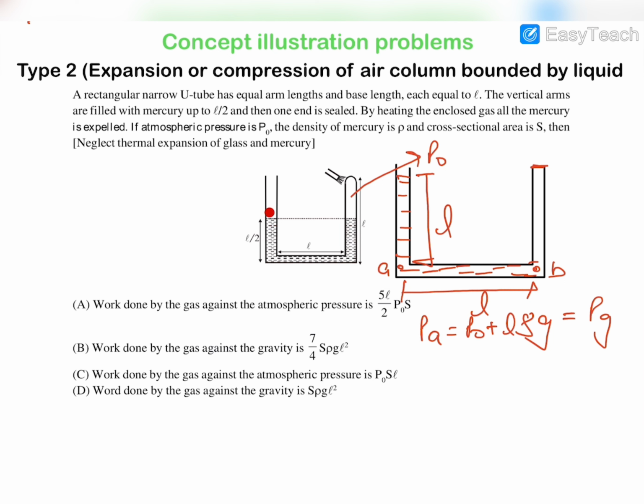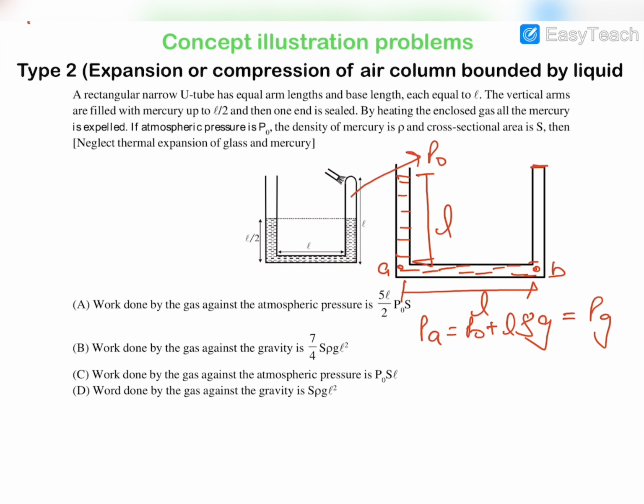One force is atmospheric pressure, which is pushing this mercury in the downward direction from this point, and the other is gravity, which is not allowing this mercury to go up. So the gas will be doing work against these two forces. If we can find out the work done against these two forces and sum them up, then that total work done would be the work done by the gas.